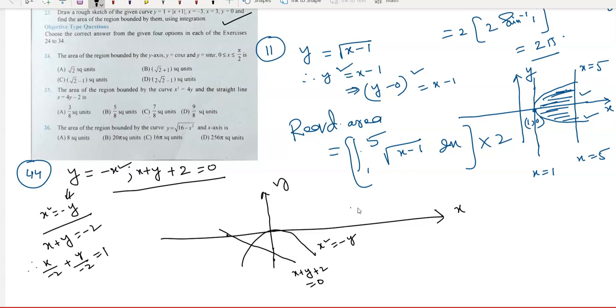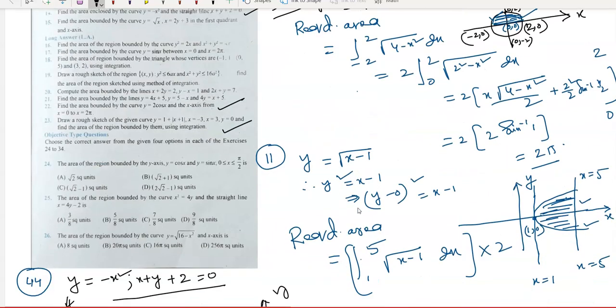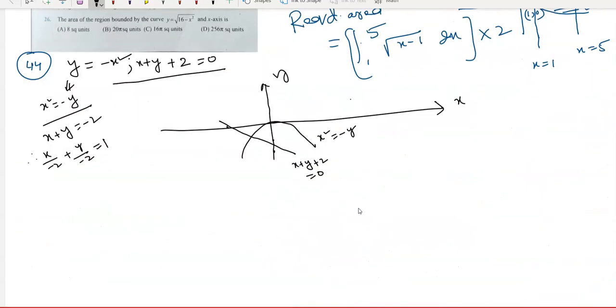If you stop it here, you will be wrong because they asked you to find the area between y equal to minus x square and x plus y plus 2 equal to 0. The line x plus y plus 2 equal to 0 will not stop here only, so it will continue. You need to find this area.